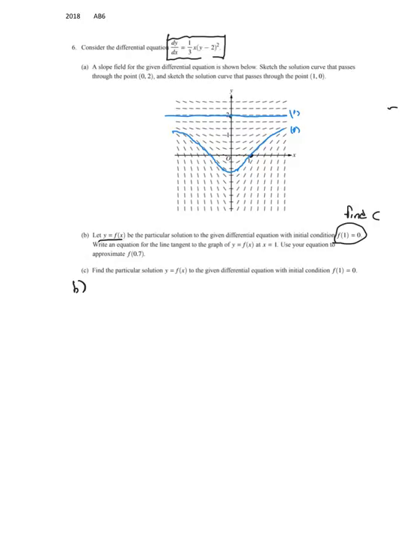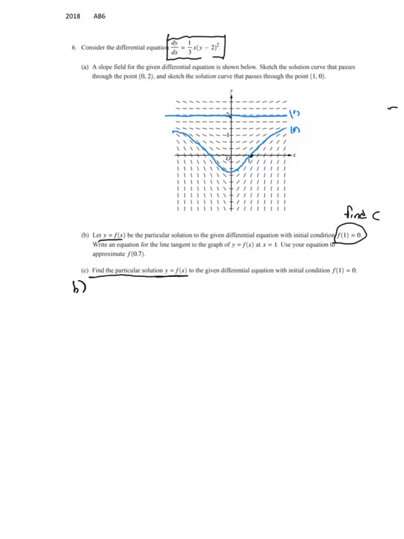All right, so part B says, well, actually, if I look at it carefully, they say that's the solution, but we really are going to find the solution in part C, because it says find the particular solution y equals f of x.